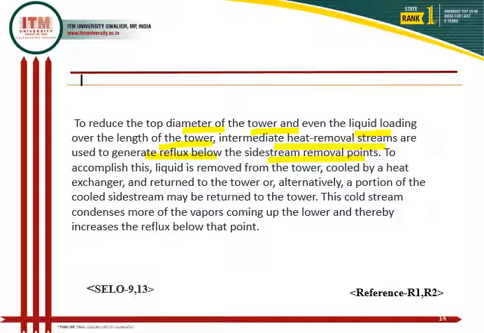To accomplish this, liquid is removed from the tower, cooled by a heat exchanger and returned to the tower. Alternatively, a portion of the cooled side stream may be returned to the tower, and this cold stream condenses more of the vapors coming up the tower and thereby increases the reflux below that point.